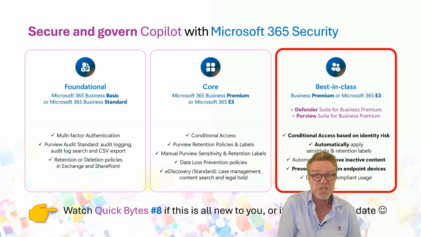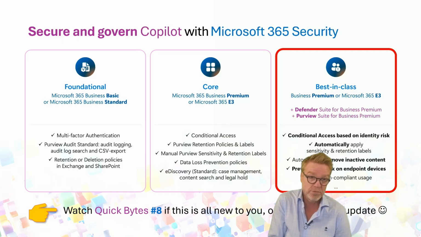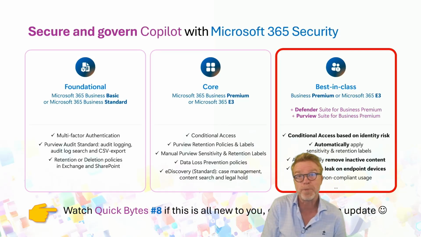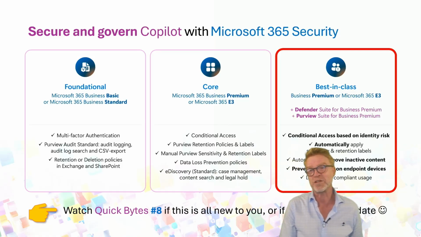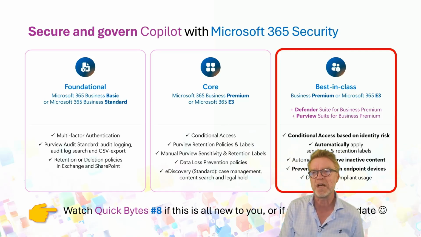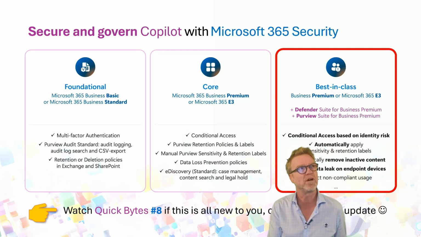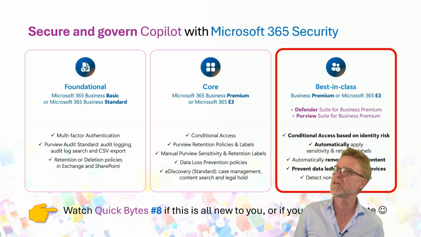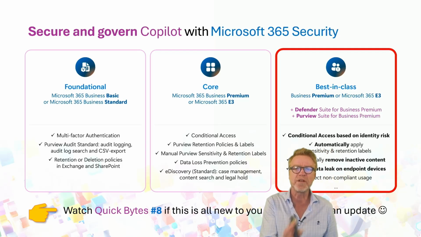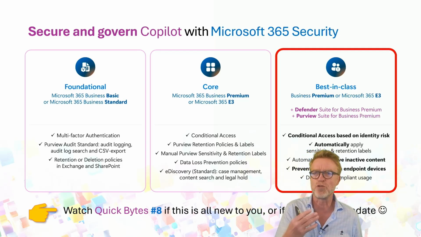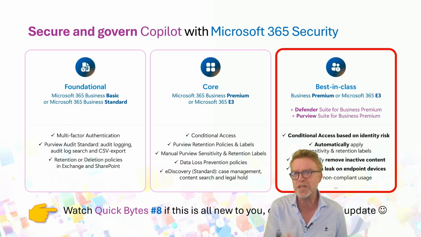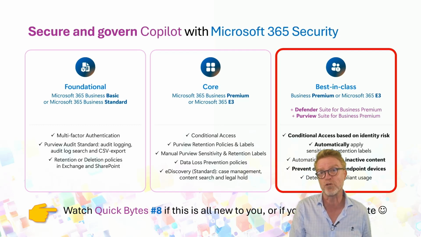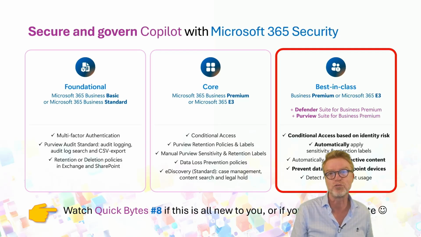but this time based on identity risk, based on this Entra ID Premium Plan 2 set of capabilities, more specifically the identity protection feature, where every sign-in, where every user is constantly monitored and scored, and that scoring can then be used as part of your conditional access policies in order to help the system decide whether somebody should have access or not.